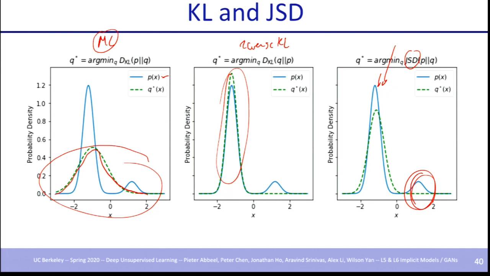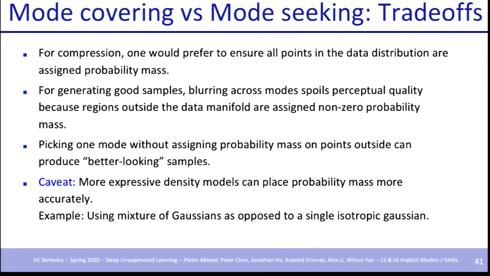And we talked about this with the VQVAE, where we saw samples from VQVAE that had a wider coverage than what we saw in the big GAN samples at the time. So for compression, you would actually want to ensure all points in the data distribution are assigned some probability mass. Otherwise, you cannot compress the ones that are out of distribution very well.